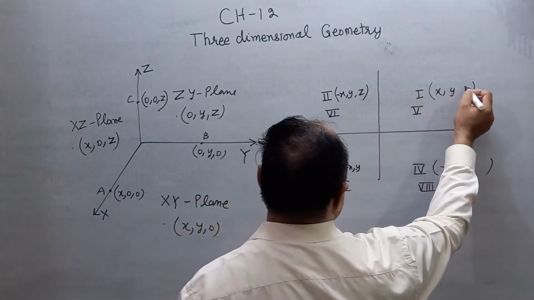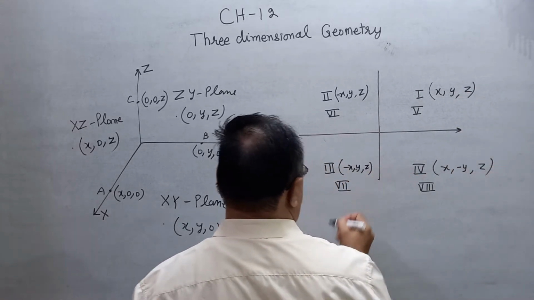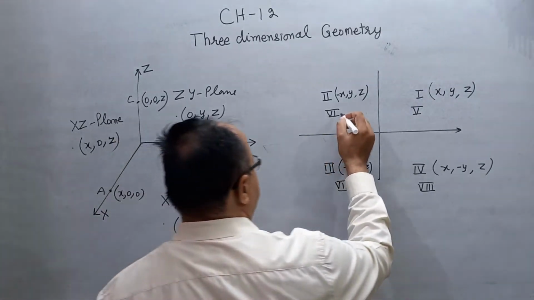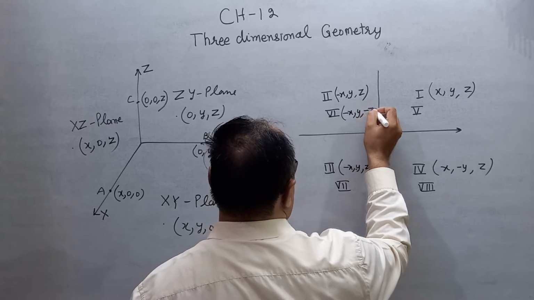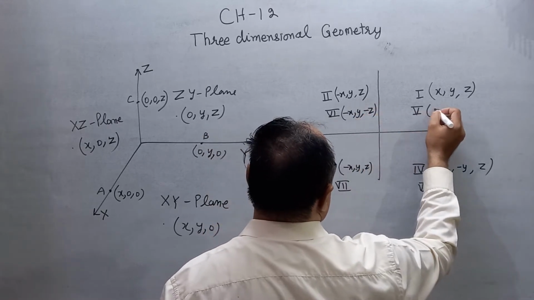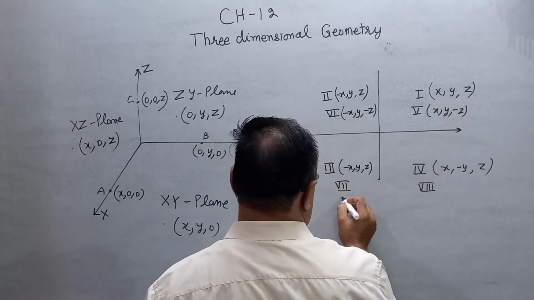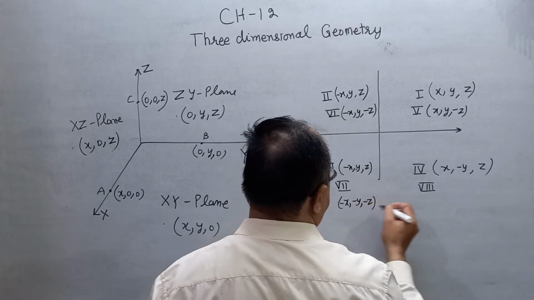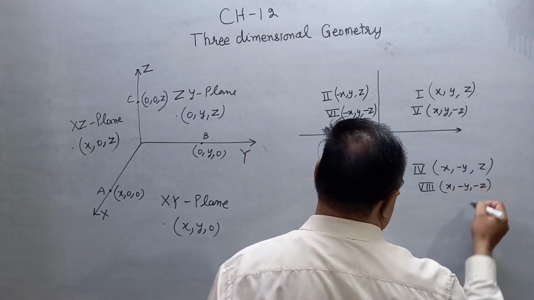Z positive. And in the last four octants, z is negative. Here x, y, minus z. Here x minus, y minus, z. Here x minus, y minus, z.